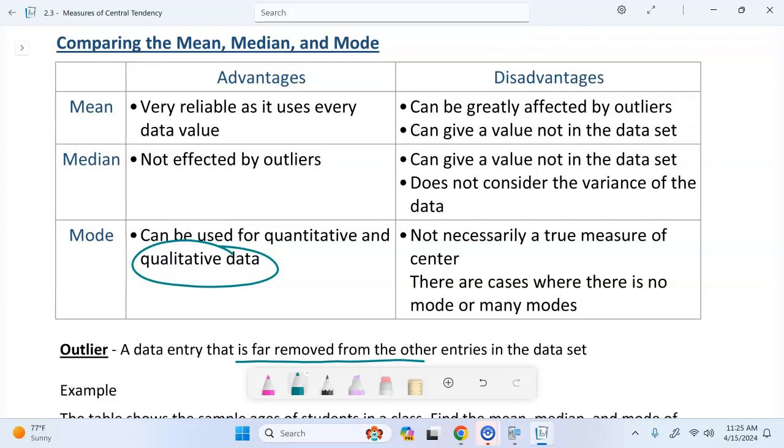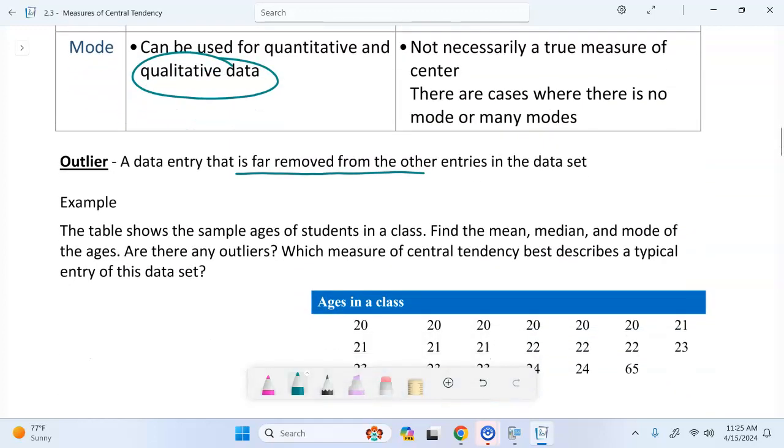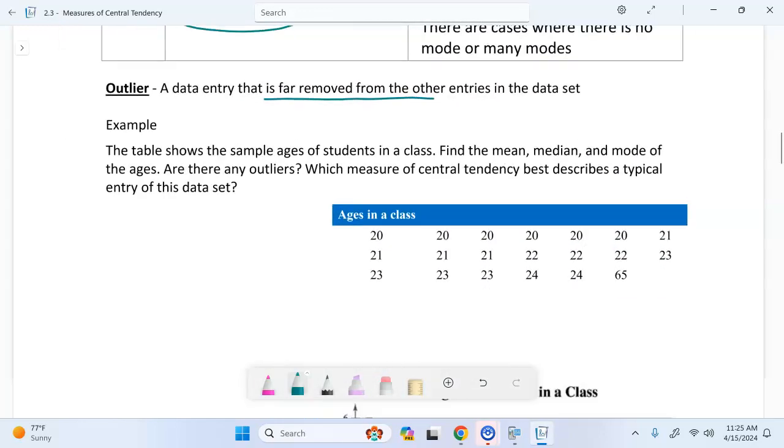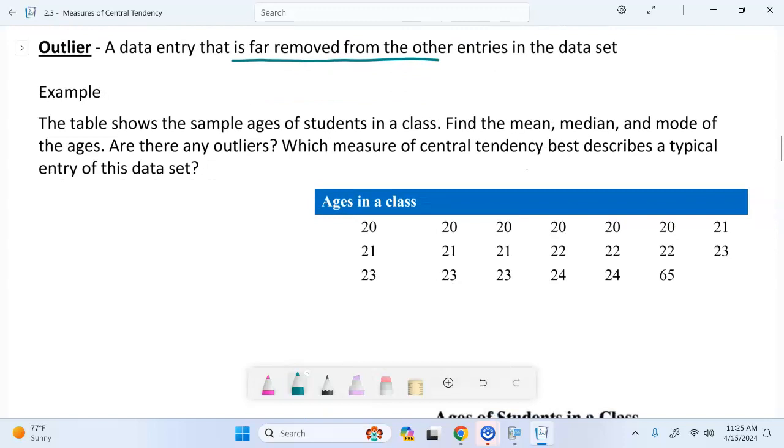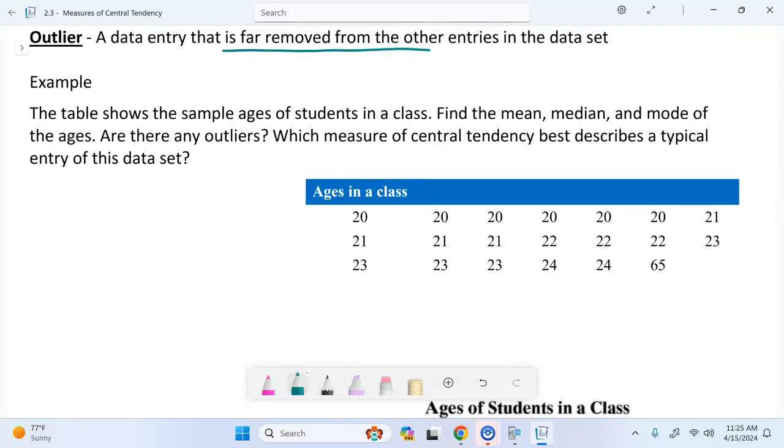When we're considering which measure of center is best, we have to look at the data as a whole and decide which one we're going to use. And oftentimes we'll find all of them and then do a comparison. So we have a sample of ages in a class, and we want to find all three measures of center, identify if there's any outliers, and decide which measure is probably going to be the best.